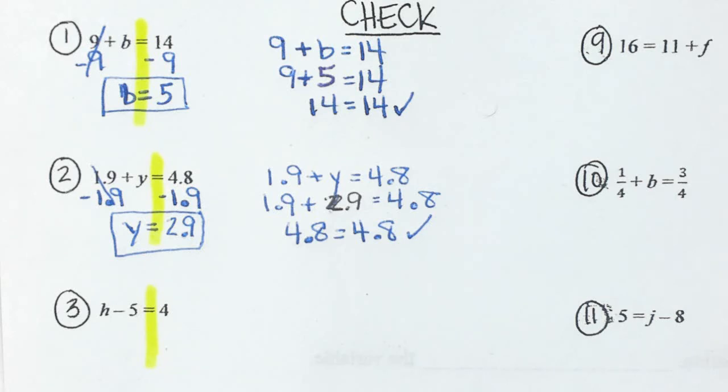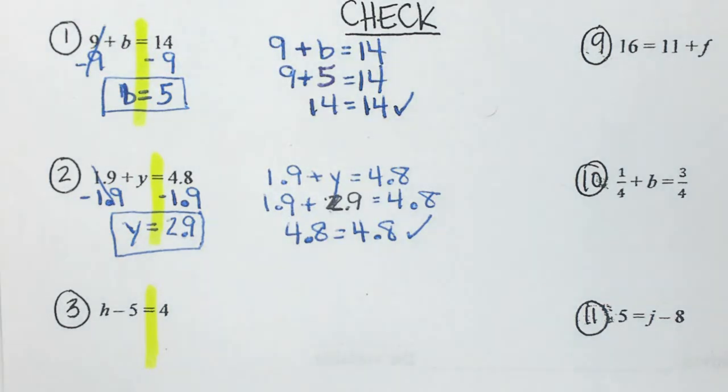If you have 1 minus 5, you get 4? Oh, well, you'd get negative 4. You wouldn't get 4. Right. So if you got down to here and you said h equals 1, something's wrong, right?